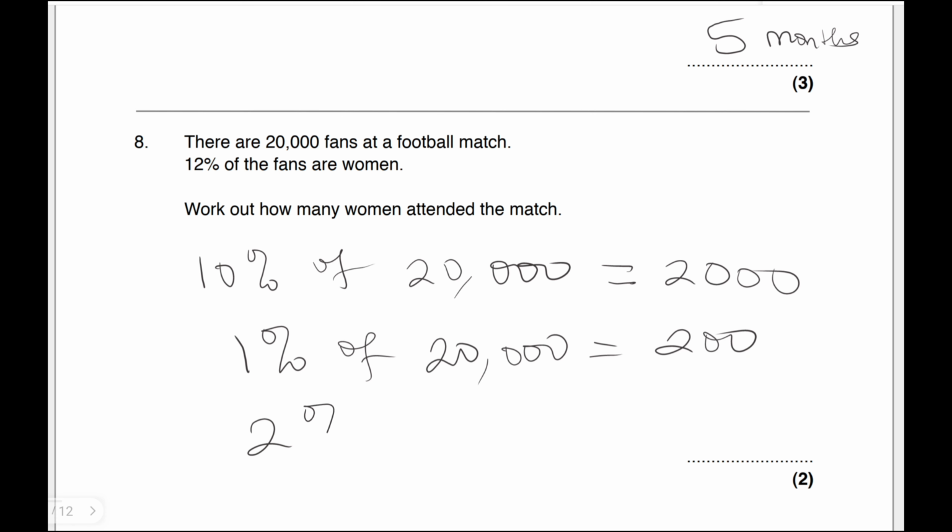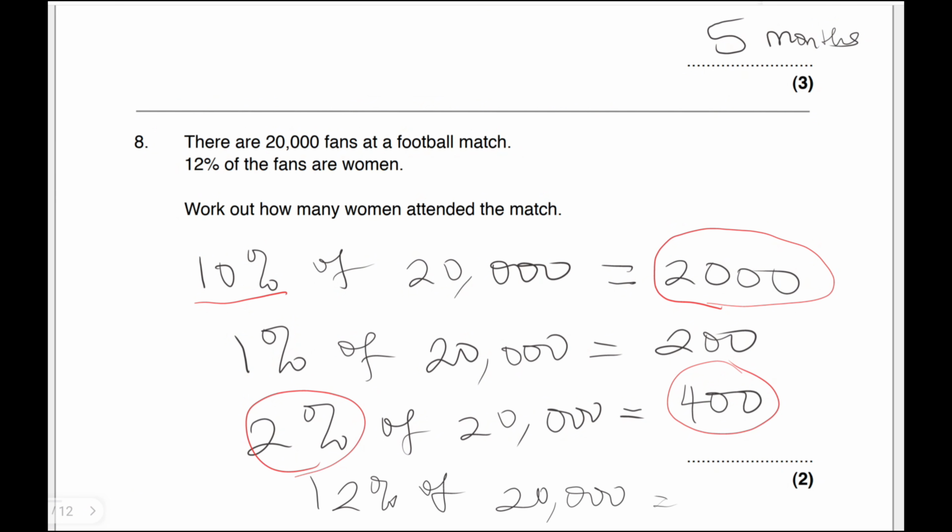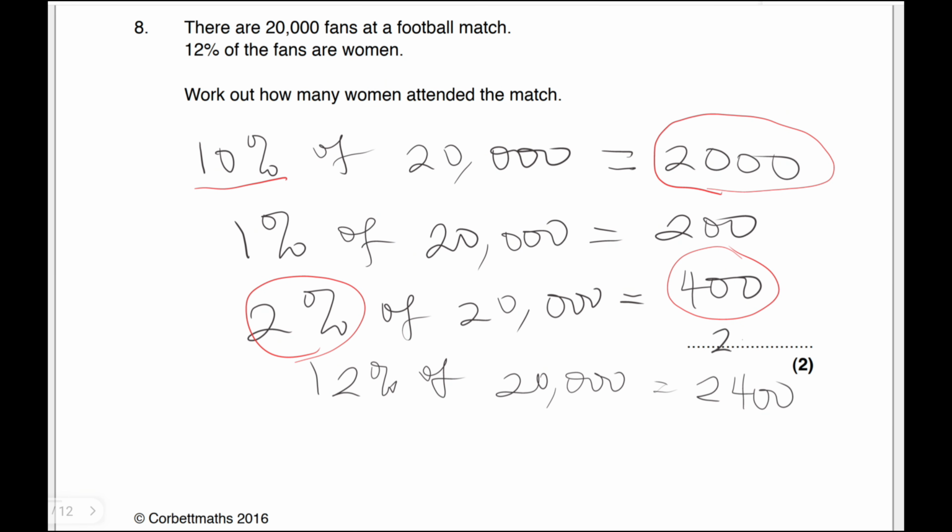So that means 2% of 20,000 is going to be 400. So all we have to do is add 2,000 because that's 10% plus 400 because that's 2%. So that makes 12% of 20,000 equal to 2,400. So the answer is 2,400 women attended the match.